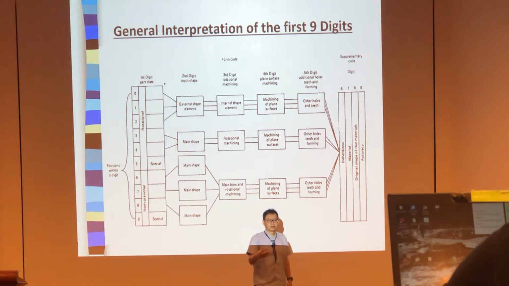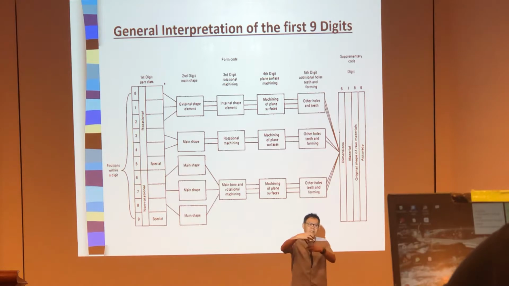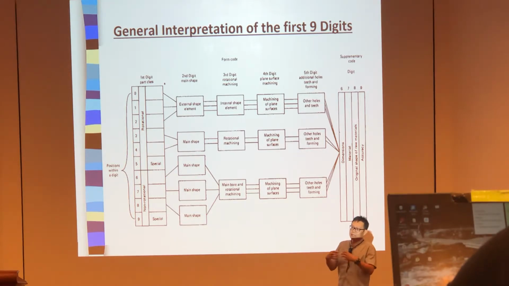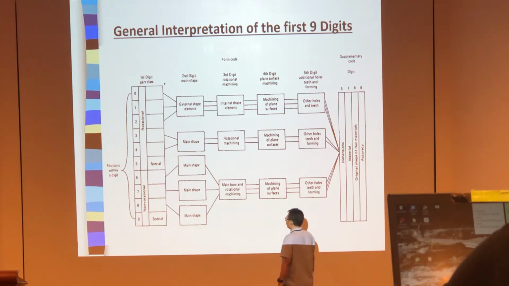Why is the classification normally based on rotational versus non-rotational? Because in machining, rotational parts normally can be finished using a lathe machine, while non-rotational parts include many different kinds, such as box type, prismatic, sheet metal or whatever. Normally, you need a milling machine to start with. So that's why we split them into rotational and non-rotational.